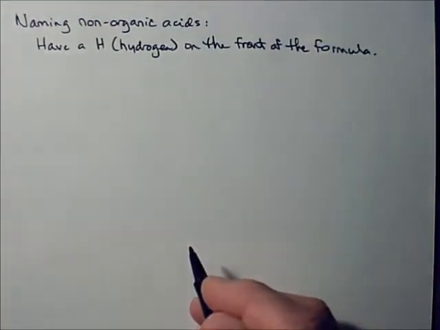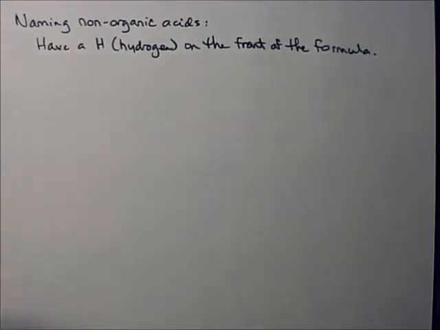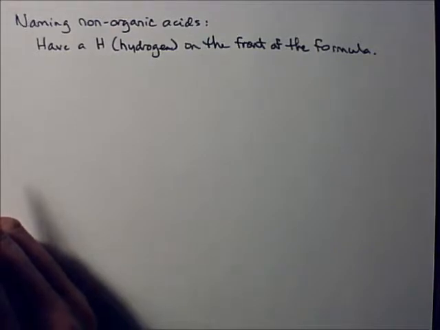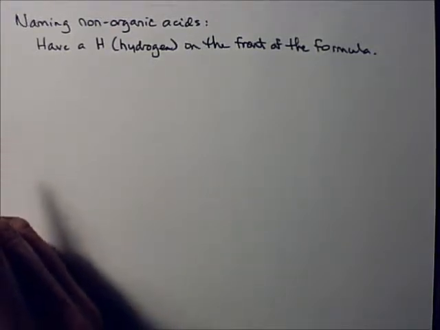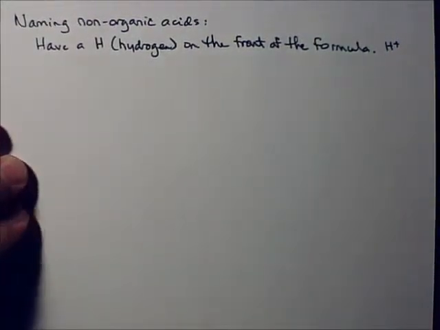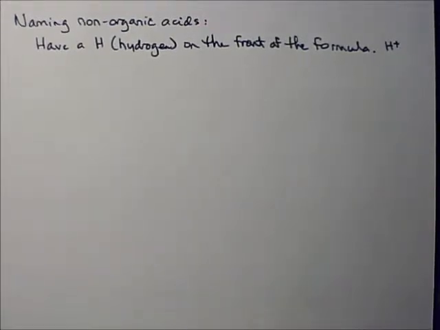So if you hear the name such and such acid, you know that the formula will have a hydrogen in the front. And we'll treat that acid as if that hydrogen is a hydrogen ion with a 1+ charge. So an acid hydrogen is always treated as if it has a 1+ charge. In fact, it really does. Sometimes there are some acids that behave like covalent compounds, and so it's not really an ion, but we can just think of it as having an H+ charge every time.